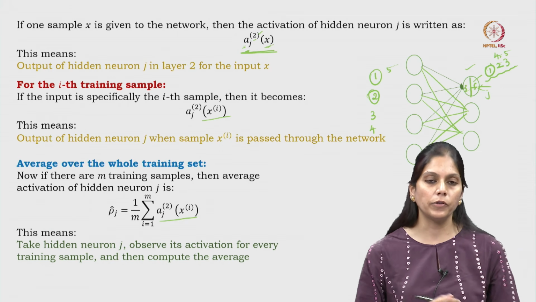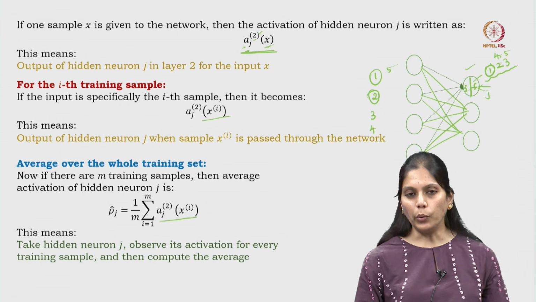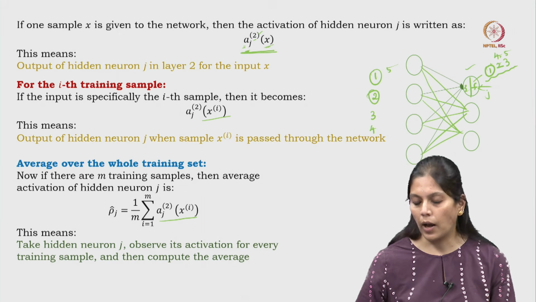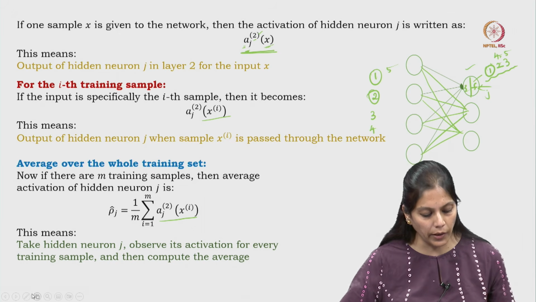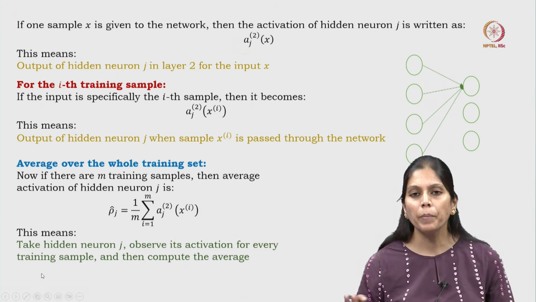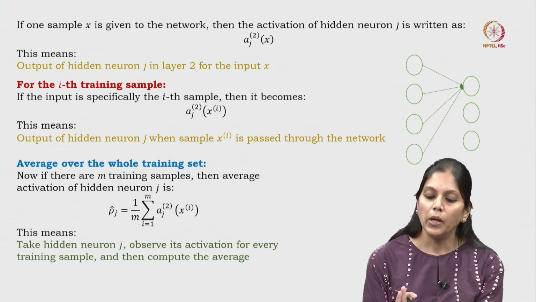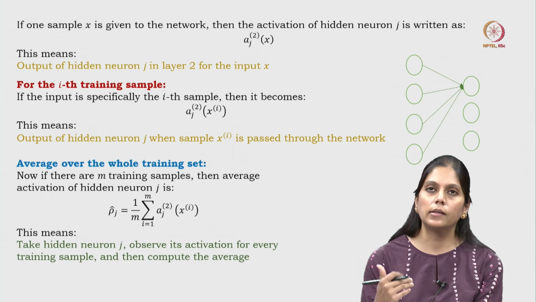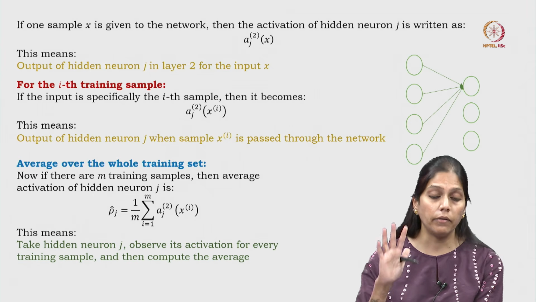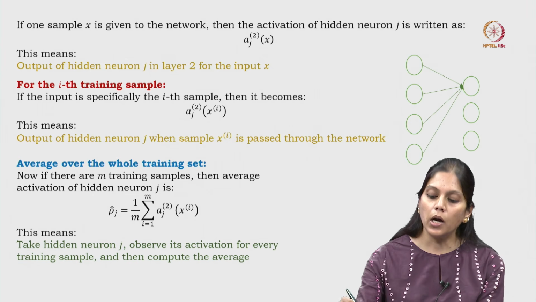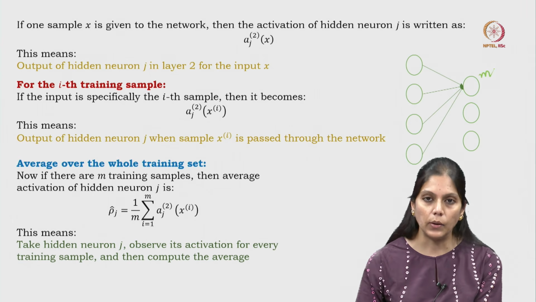M is the number of such samples. What did we do here? I have just explained each of these terms individually, but what did we do so far? If a training data set is having m samples, here we are going to have m values. Agree?